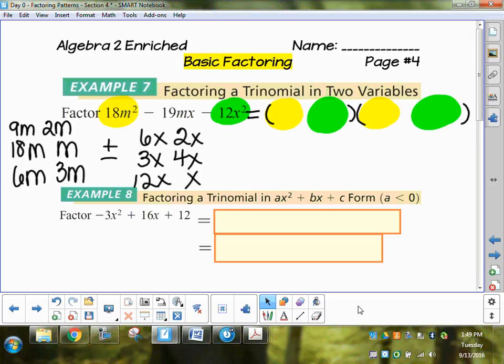If it were me, I'm looking to get a 19, so I'd probably start with a 6 and a 3, as opposed to 18 and 1. 18 and 1 would be what I would start off with if there's a huge gap. But again, the pencil should be on the paper. You need to know which guesses work, which ones don't. There's a lot going on there. Way too much to be done in your head.